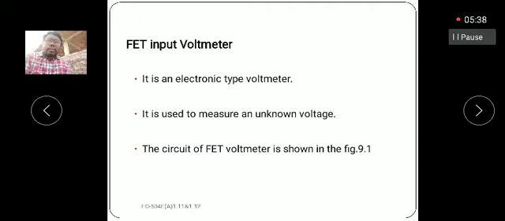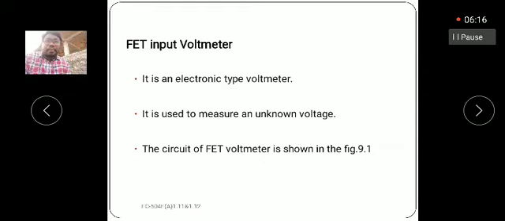The FET is a voltage controlled device, and we also use a potentiometer to divide the ratio of resistance. In this instrument we use the potentiometer as well as an emitter follower, that is, a source follower like the BJT one. We separate the voltmeter into different sections, and then we get the desired output, the desired parameters we measure.